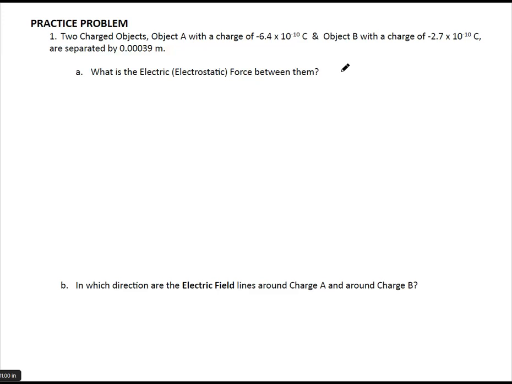Part A says, what is the electric or electrostatic force between them? Well, we have two negative charges, so we know whatever force we calculate, it's going to be a repulsive force.